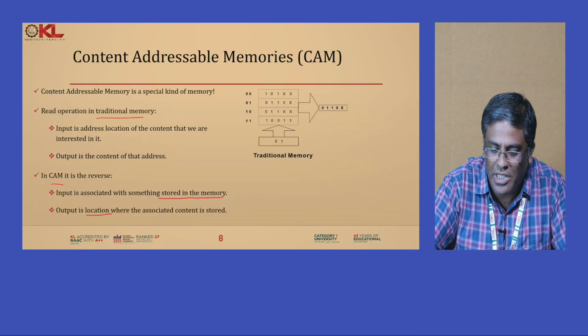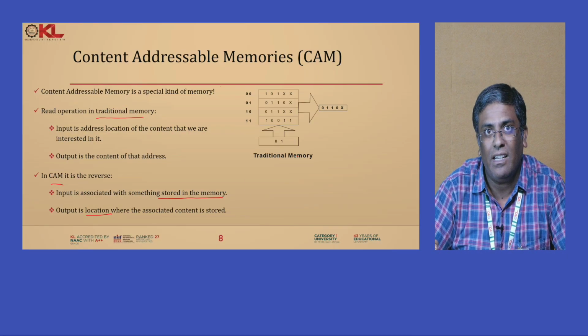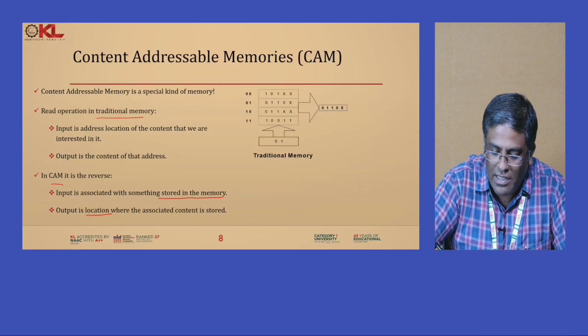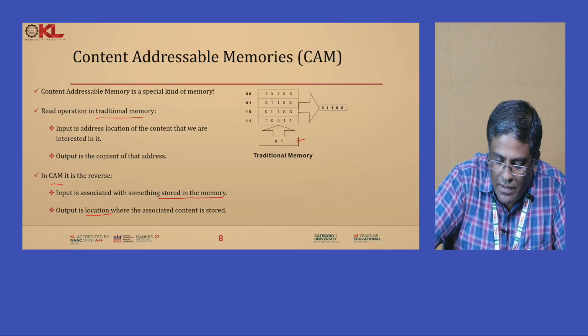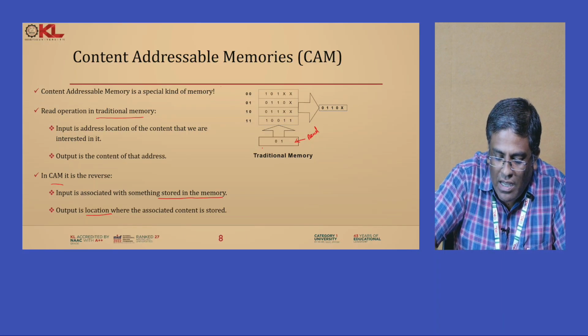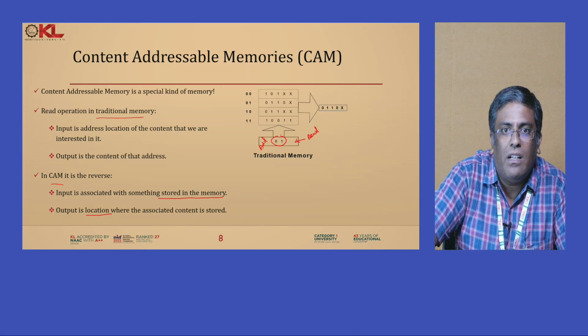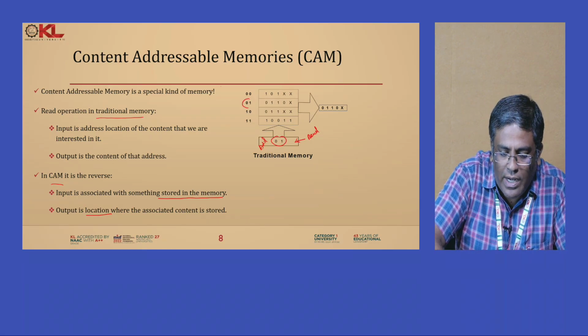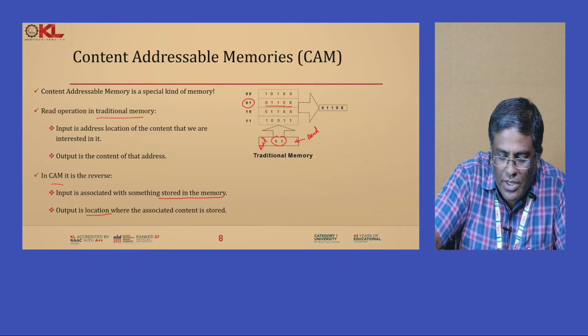See that this is a traditional memory architecture, right? Here we are just giving an input for the read operation. For the read operation I am giving the address, that is nothing but 0 1. At 0 1, the data available is 0 1 1 0 x.